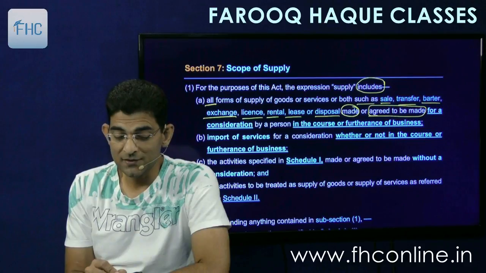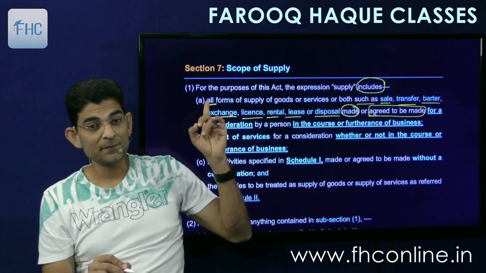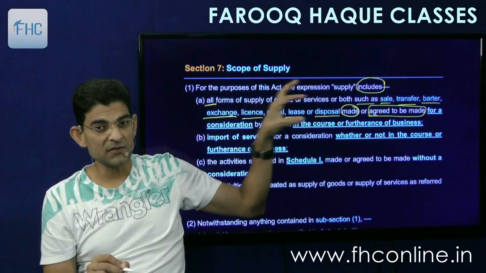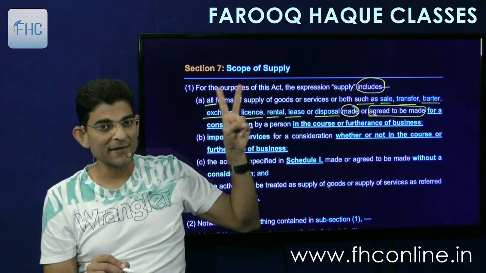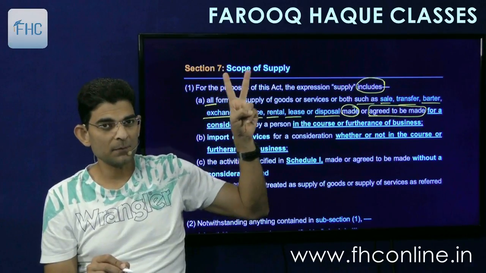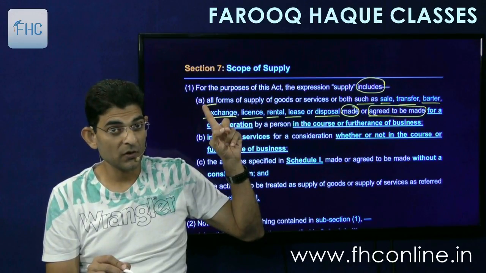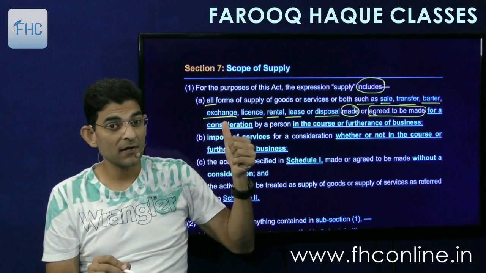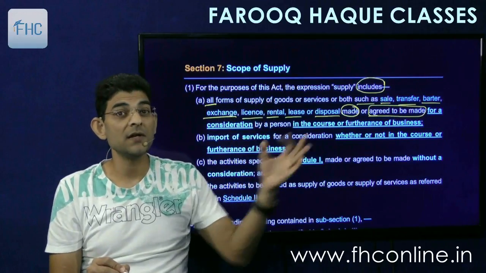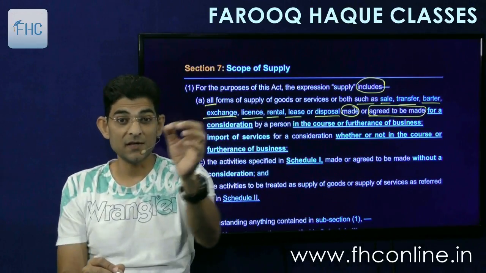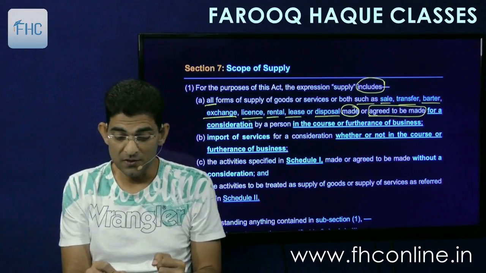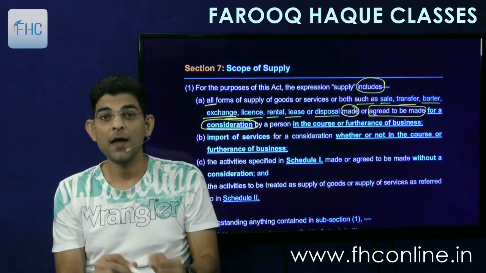For a consideration. So clause A defines all the examples and then it gives two characteristics. To be called a supply, it gives two characteristics. What are these two characteristics? Number one, it should be for consideration. There should be consideration. Underline this.